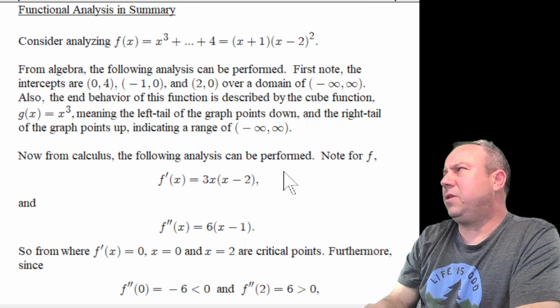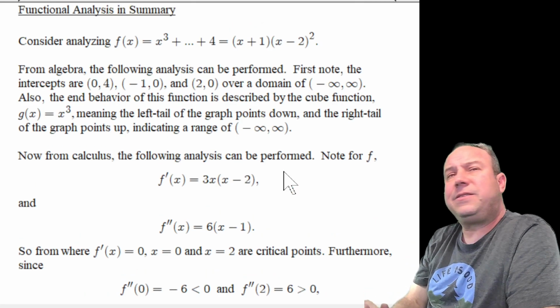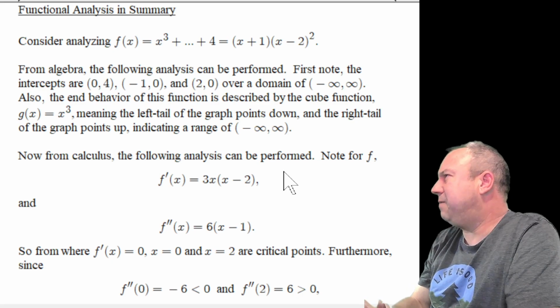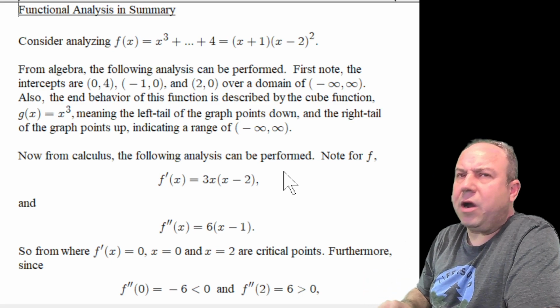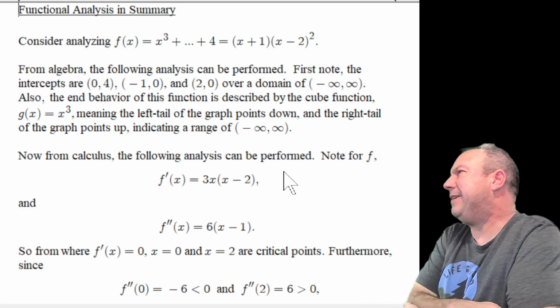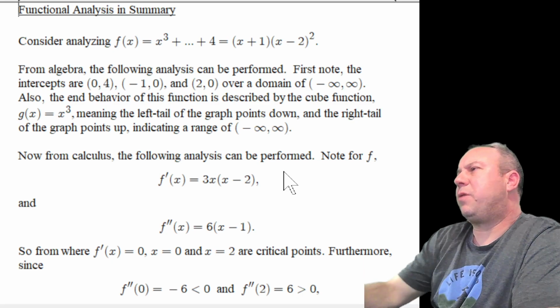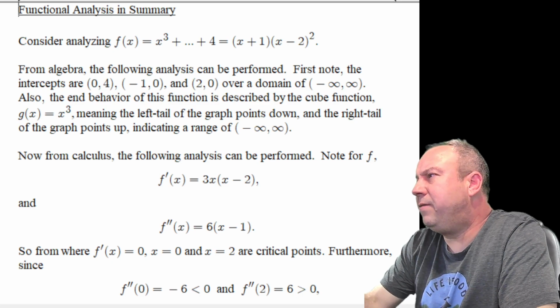Folks, this brings us really to the end of functional analysis. What I do have to continue with is we are going to look at some optimization problems, where the optimization problems are going to make use of, again, some of those techniques, I should say, the first and second derivative tests.